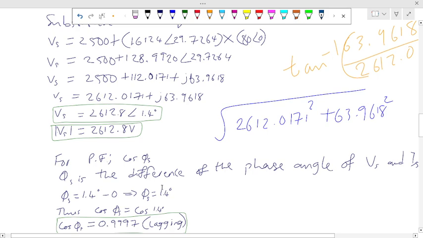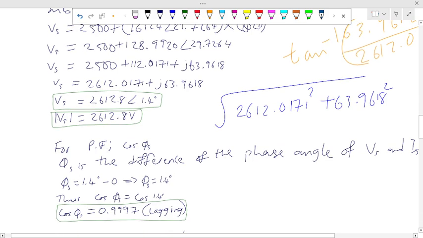When you subtract this, you get this. So you just bring in this 1.4, put it here, cos phi s. Phi s is 1.4, right? So cos 1.4 will give you 0.9997 lagging.